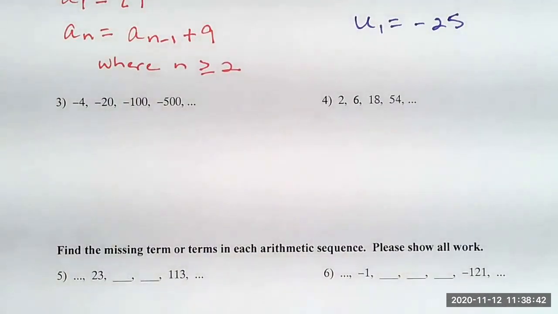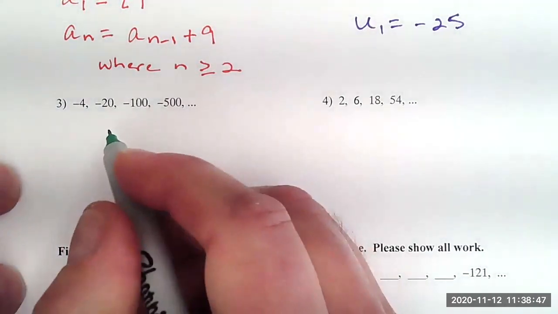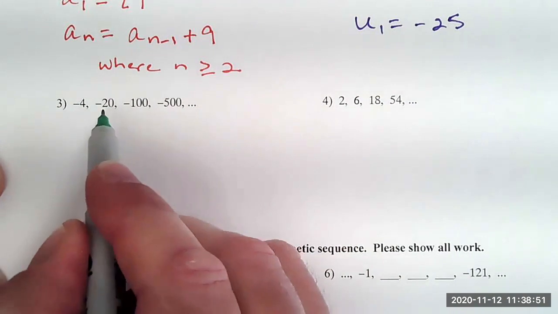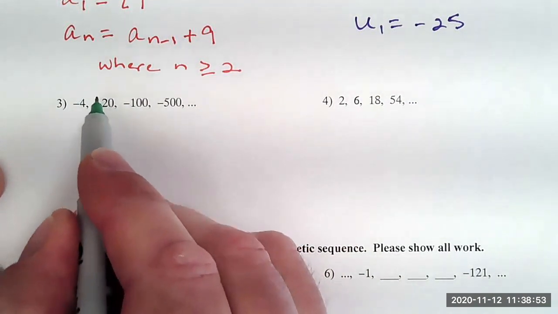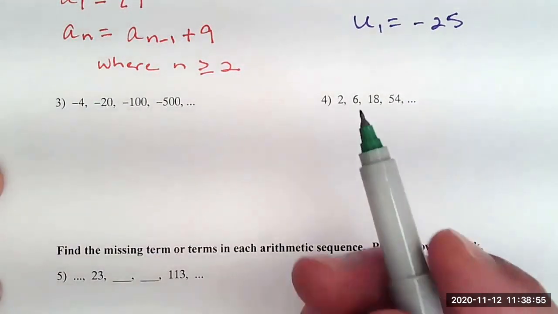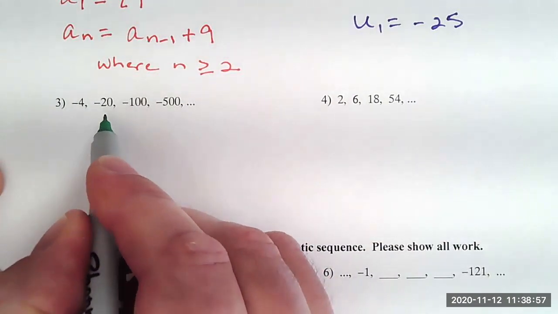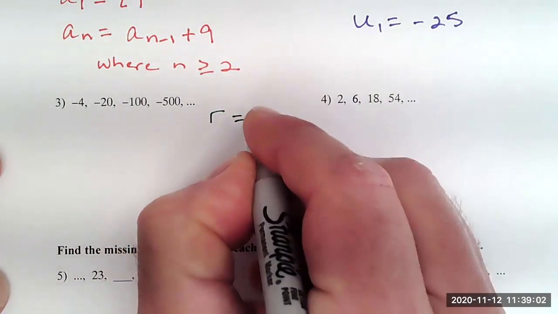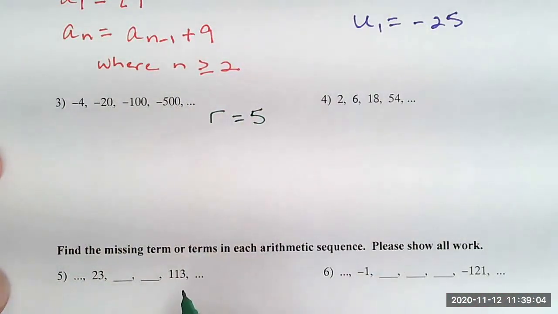Problem 3. I see that the difference changes, so I'm going to look for a ratio. Negative 20 divided by negative 4 is 5. Negative 100 divided by negative 20. So I have a ratio that is equal to 5.